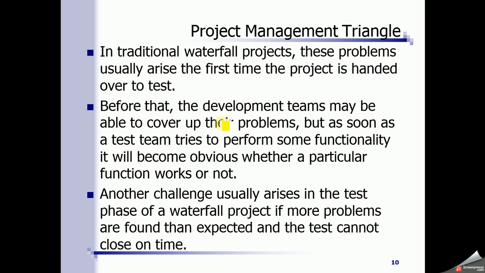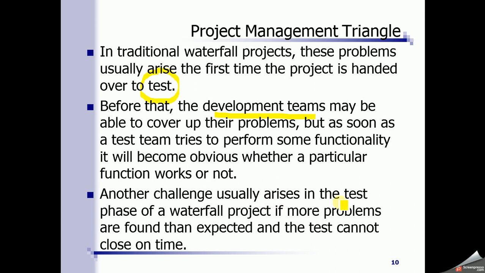In traditional waterfall projects, these problems usually arise the first time the project is handed over to the testing team. Before that, the development team may be able to cover up their problem. But when the testing team takes this code, tries to execute the test cases, they find that there are many problems, the quality of the system is very poor.